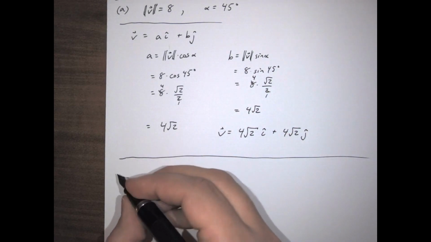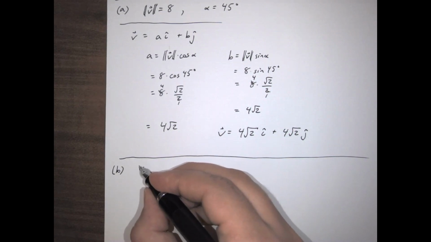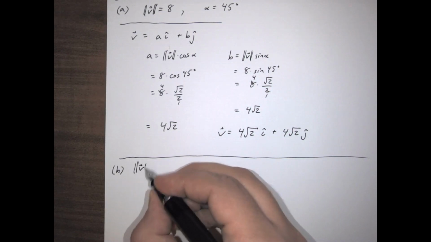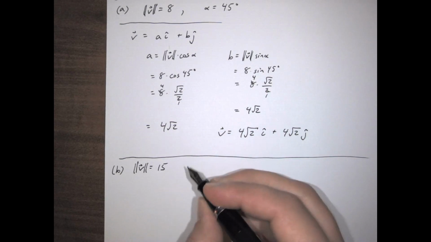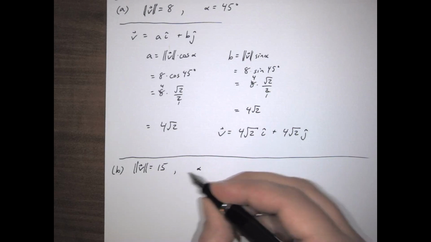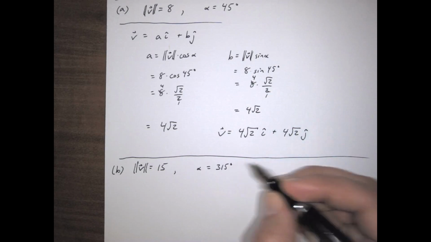What if what we have is something like this? Magnitude of V is going to be now 15. And the angle, alpha, is going to be 315.